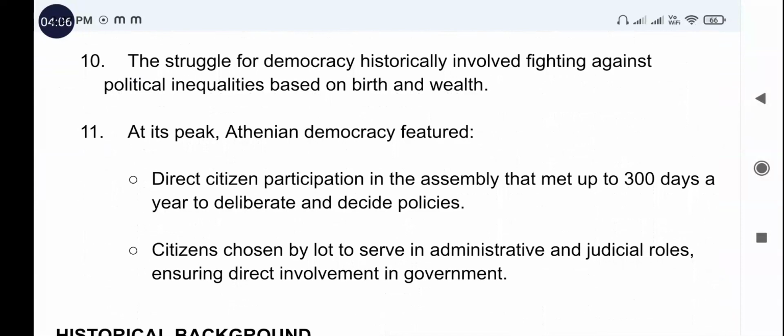Citizens were chosen by lot to serve in administrative and judicial roles, ensuring direct involvement in government.